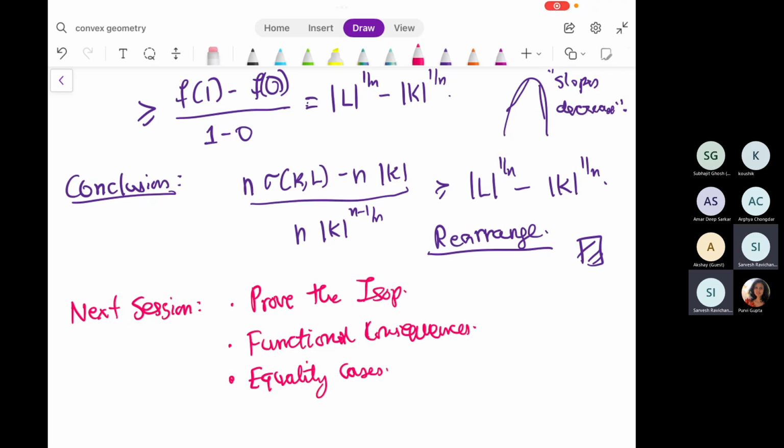Any questions? Yes. No, the only way, so the question is, is there any physical interpretation of the mixed perimeter? Okay, I cannot answer this question.